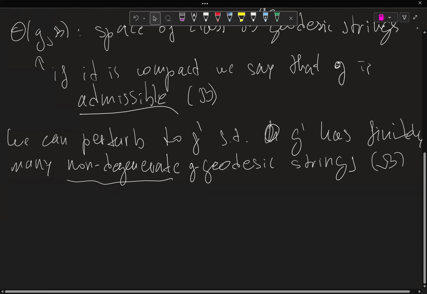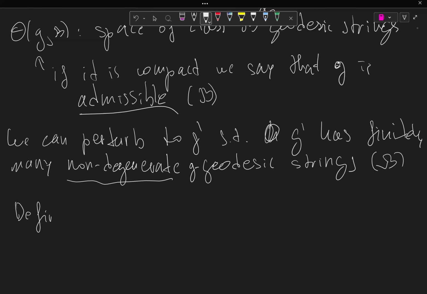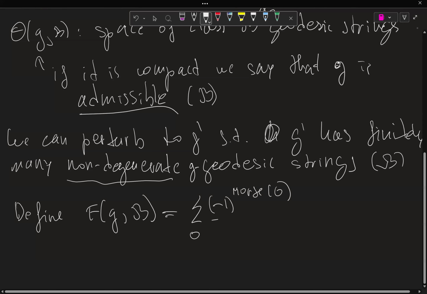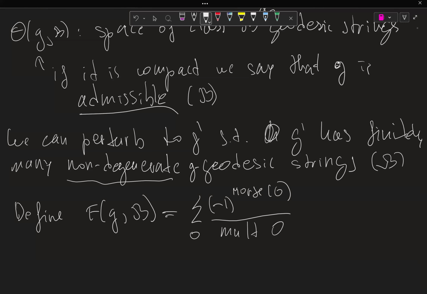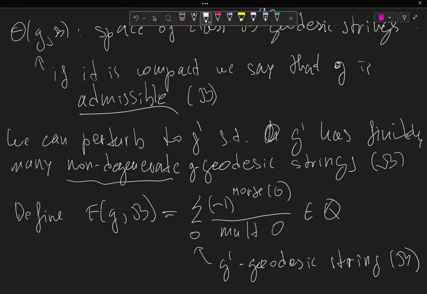Then we can define a rational number: the sum of (−1) to the Morse index of O, divided by the multiplicity of O, where O is a G′ geodesic string in class β.